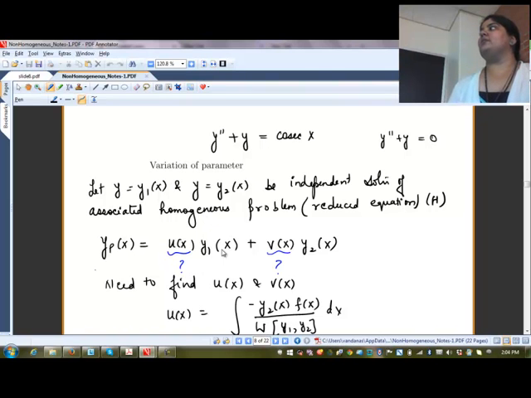So you place the y1 and y2 here, and then the functions u and v. The reason we are placing u(x) and v(x) functions depending on x is because we want this particular solution to not just come out to be a solution of the homogeneous problem.